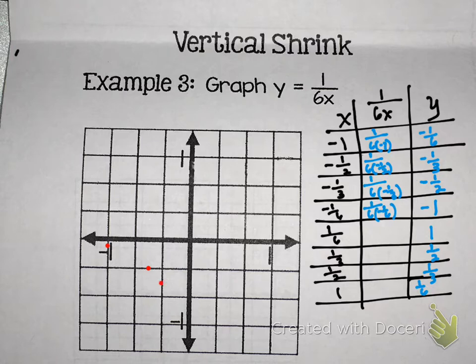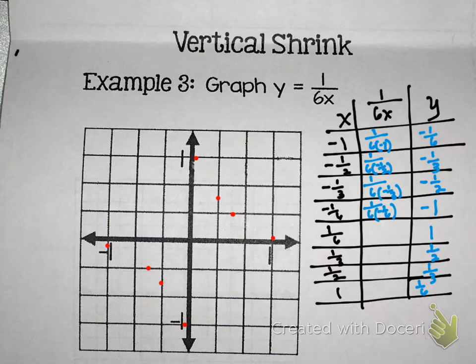And then at -1/6, you're going to be at -1. And on the other side, at 1/6, you're going to be at 1, and at 1/3, you're going to be at a half. At a half, you're going to be at 1/3, and then at 1, you're going to be at 1/6.